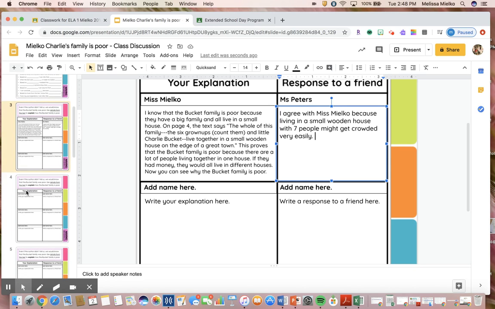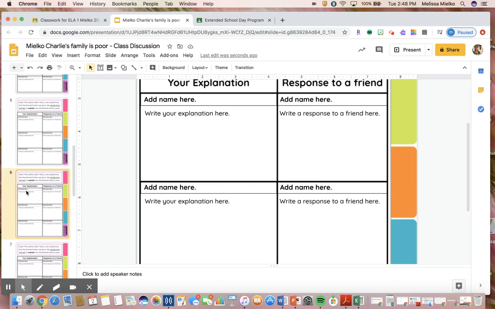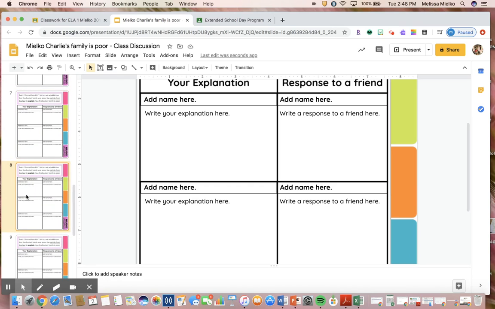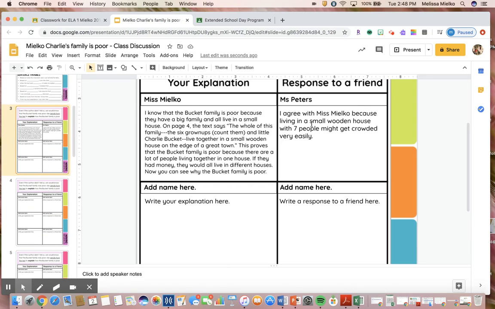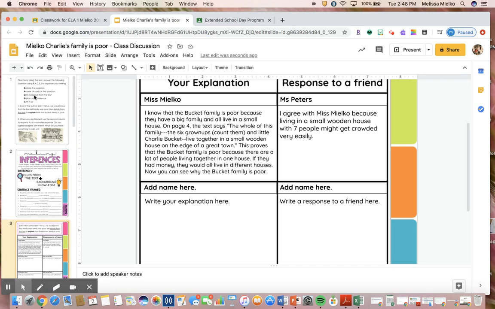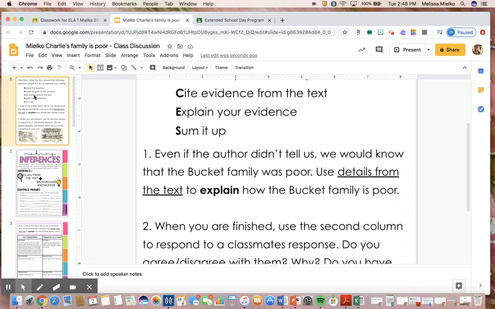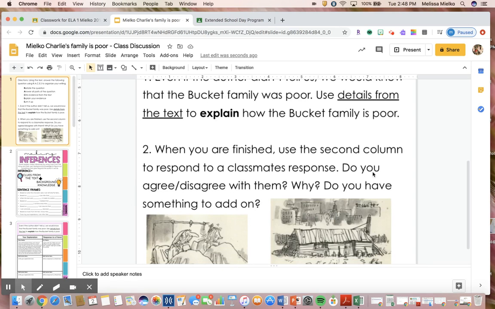You can choose any of these slides to write your explanation or your response to a friend, but make sure when you respond to a friend that their explanation is already there. So once again, first you are answering this question using RACES. When you are finished, you use the second column to respond to a classmate's response.